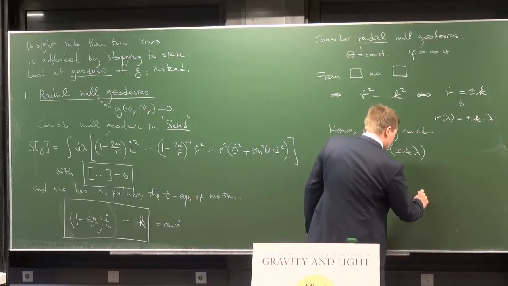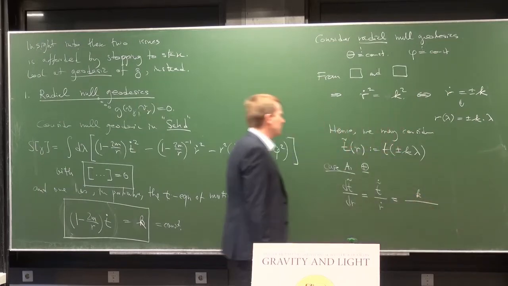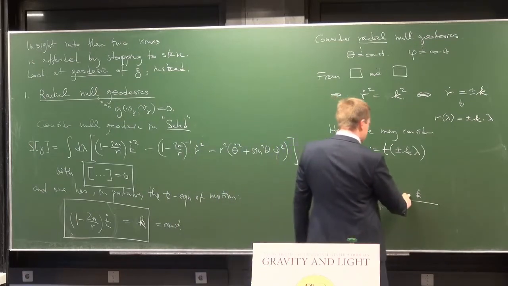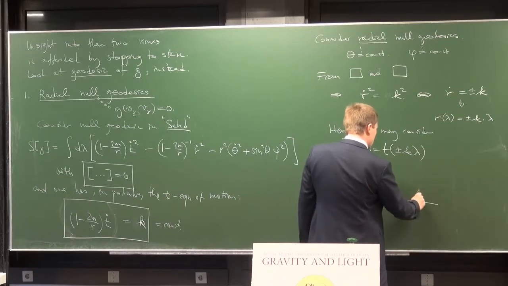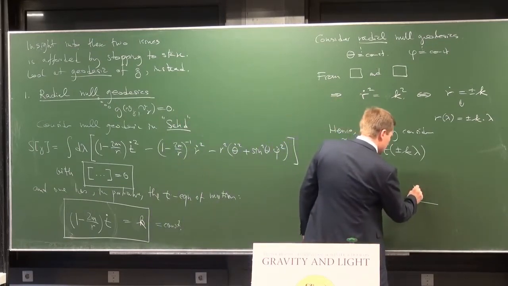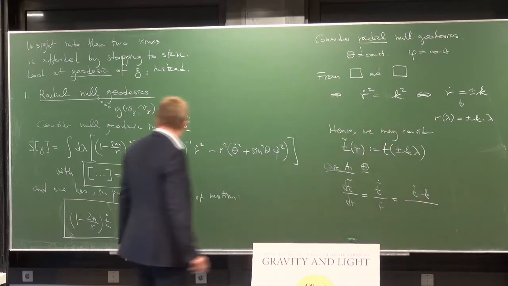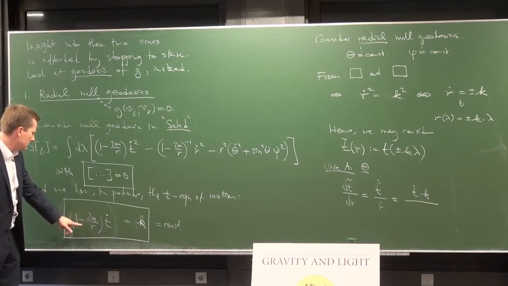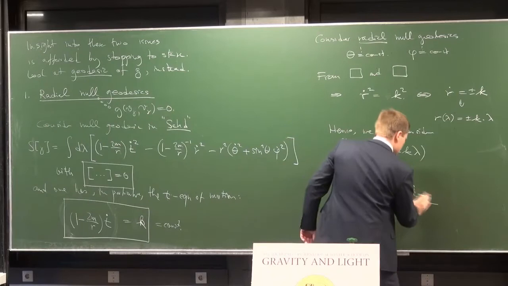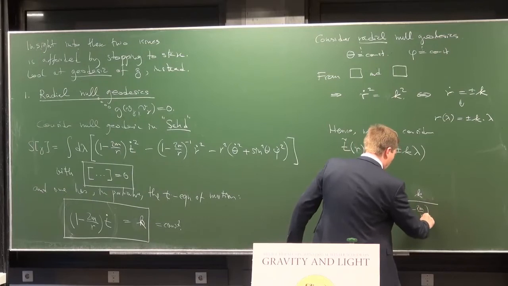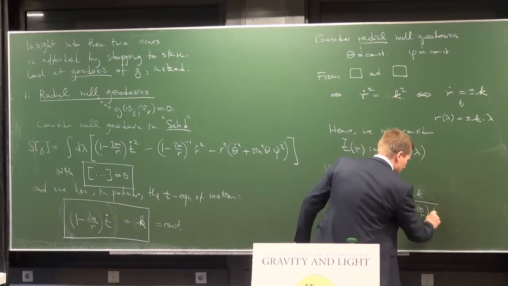You get, in this case, plus k divided by... now you look at the r, so the t twiddle dot is this one times the t dot, which is k divided by this guy, 1 minus 2m over r, and then from the r dot you get the k.